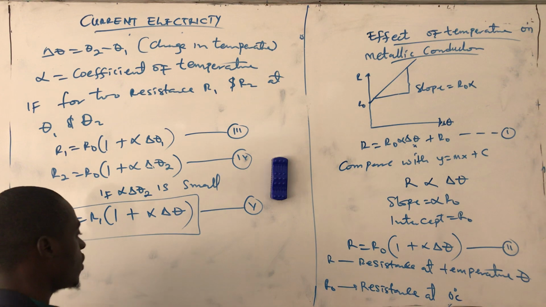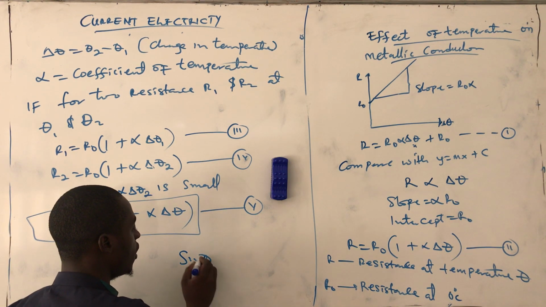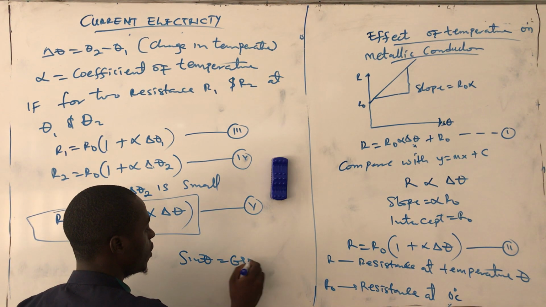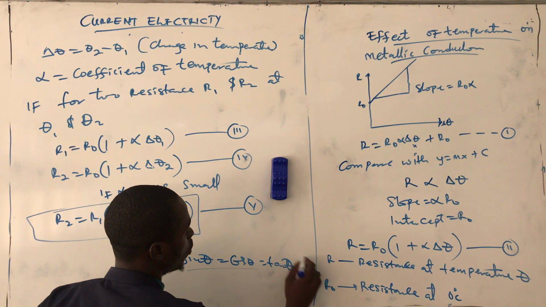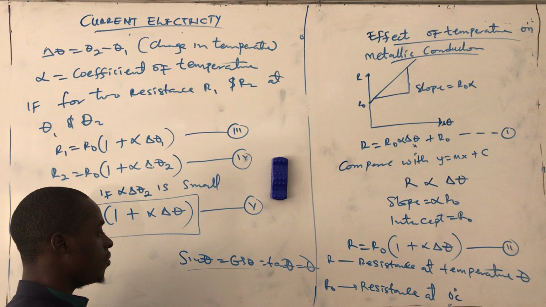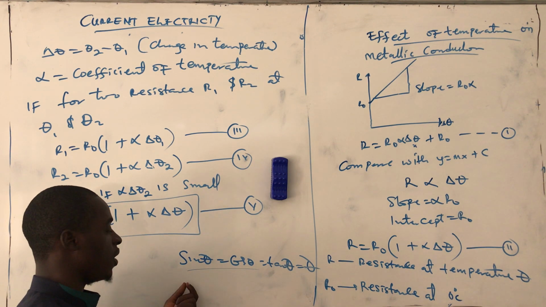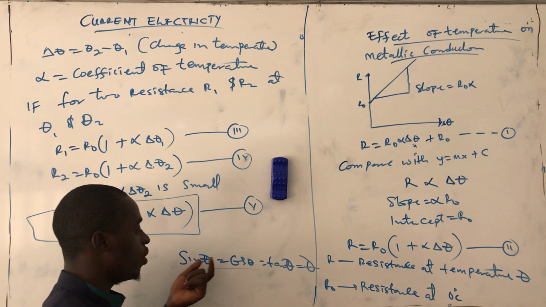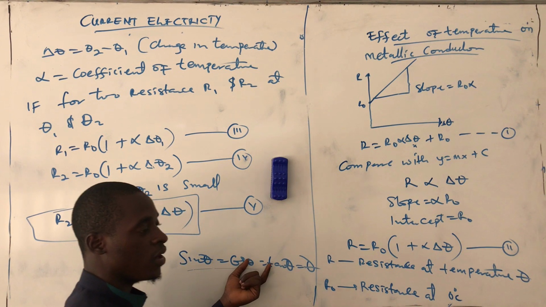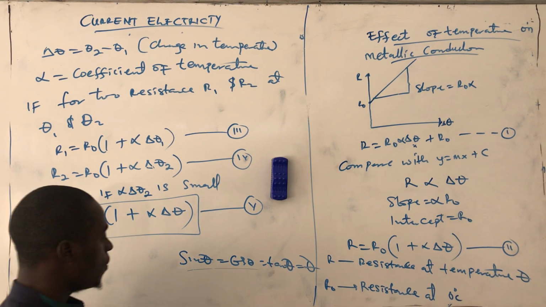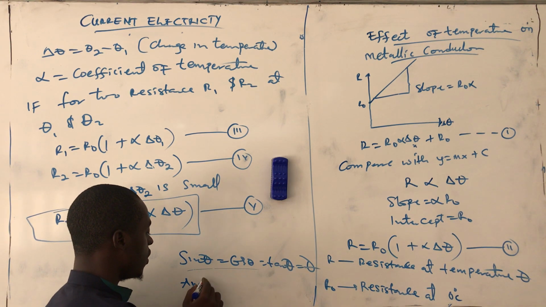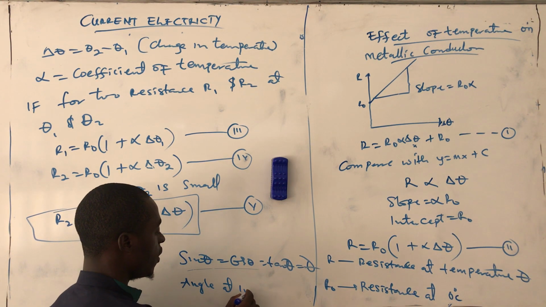You know, in some cases, if you have sin theta, cos theta, and tan theta, you can say that everything here is equal to theta. If we are dealing with a very small element, that is, if sin theta is small, cos theta is small, tan theta is small, then all of them will be equal to theta. We call them angle at infinitesimal.